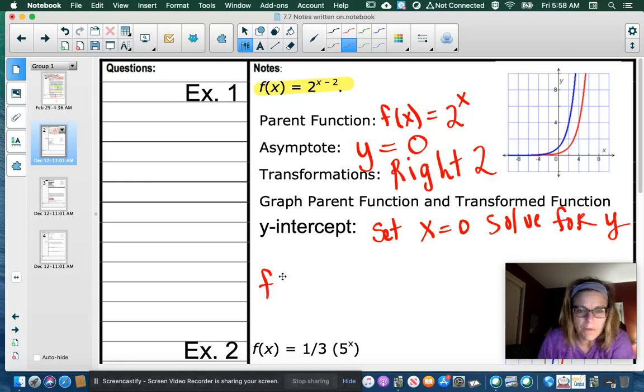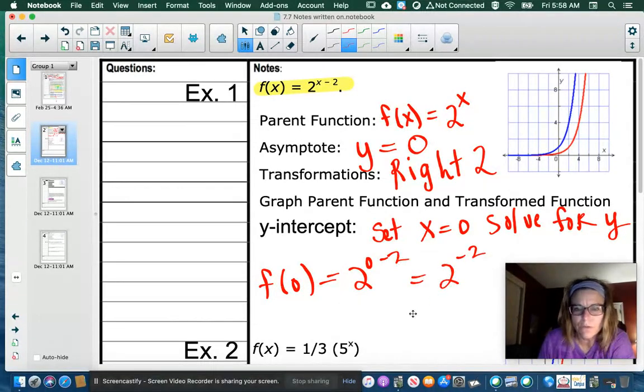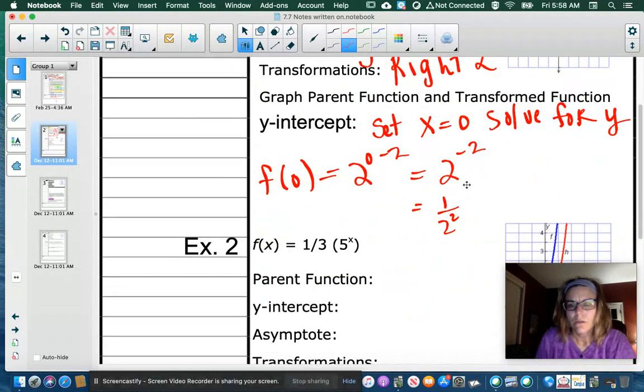So we have f of 0 is 2 to the 0 minus 2, which is 2 to the negative 2. Well, that's 1 over 2 squared, which is 1/4. That's the y-intercept.